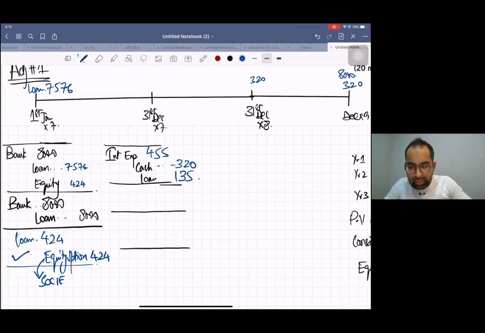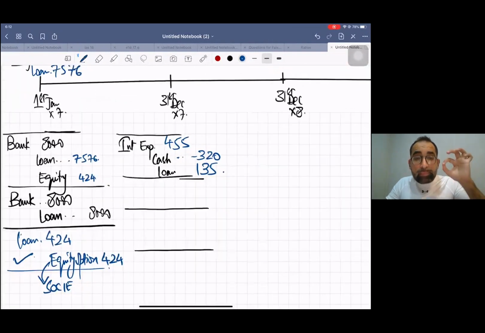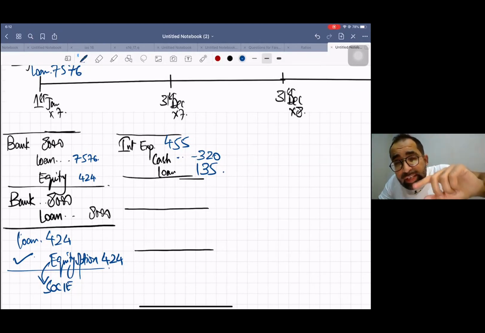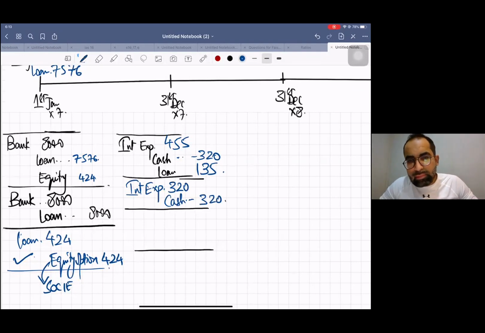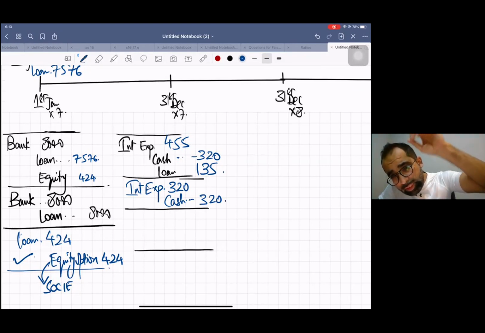This entry the accountant should have made for interest. But what he did make was only 320. Interest expense debit 320 and cash credit, the physical finance cost has already been recorded.